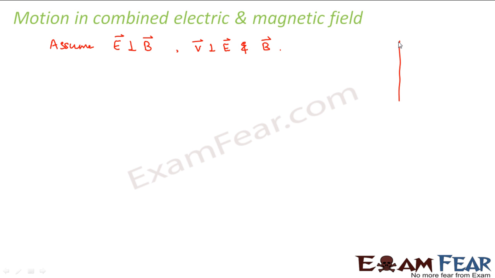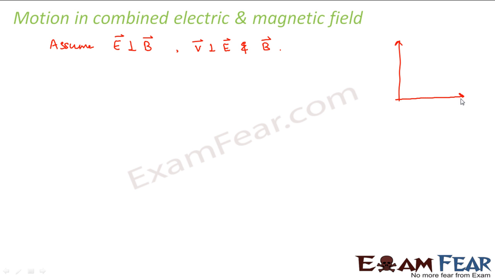Now to look at the combined effect of electric and magnetic field, to keep things simple as of now, we will assume that the electric field and magnetic field are perpendicular to each other and the velocity of the particle is perpendicular to each of them. That means velocity is perpendicular to electric field as well as magnetic field. So we can assume it somewhat like this.